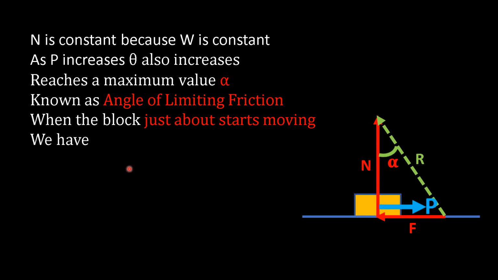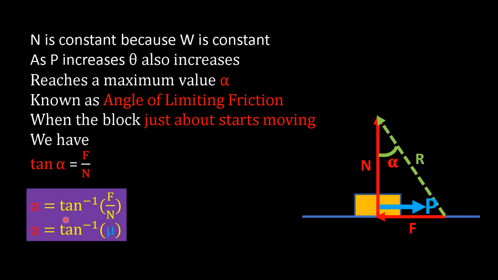At this moment, we have tan α = F/N, or α = tan⁻¹(F/N). But F/N is μ, the coefficient of friction. So we have the angle of limiting friction α = tan⁻¹(μ), that is, the coefficient of friction.